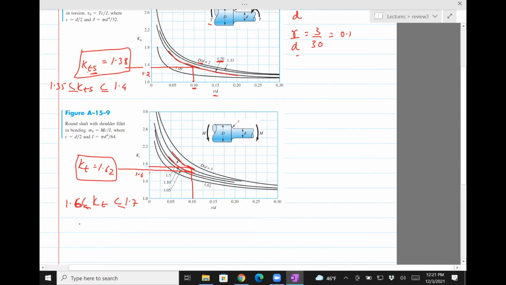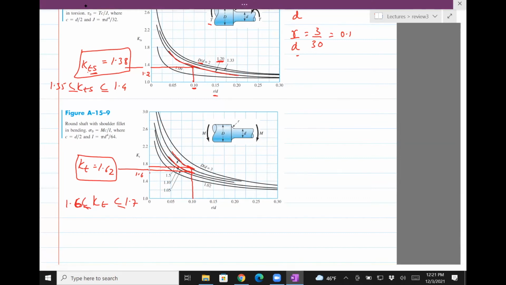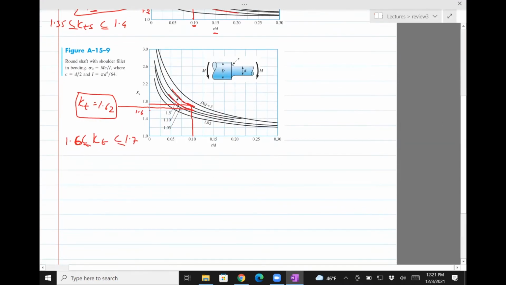We need to find K_f, and to find K_f or K_fs, we need to find the Neuber constant. Okay, so the Neuber constant depends on the ultimate strength, which is 700 MPa. And there's a formula in the book for bending.